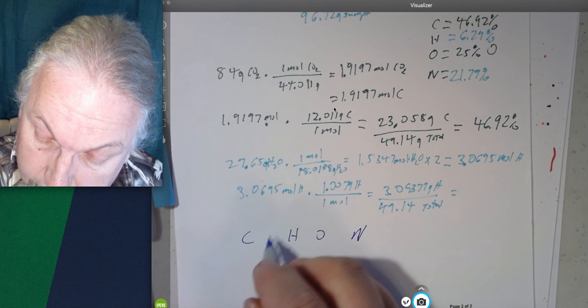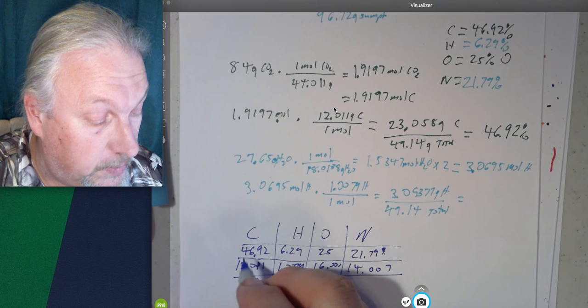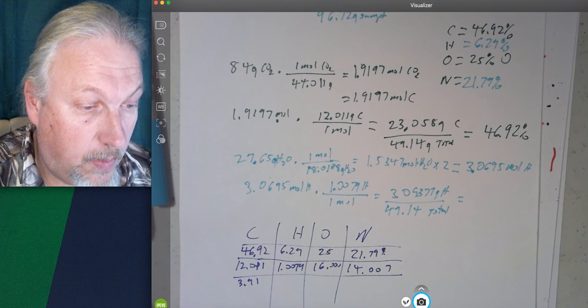So now if I divide through by the lowest number of moles, which would be 1.56, 1.56 divided by 1.56, that's going to give me a 1. That's going to give me a 1. That's going to give me a 4. And that's going to give me 2.5.